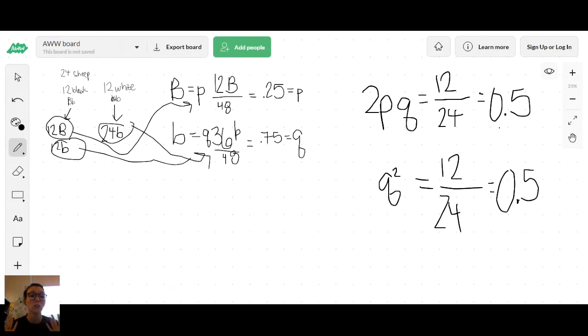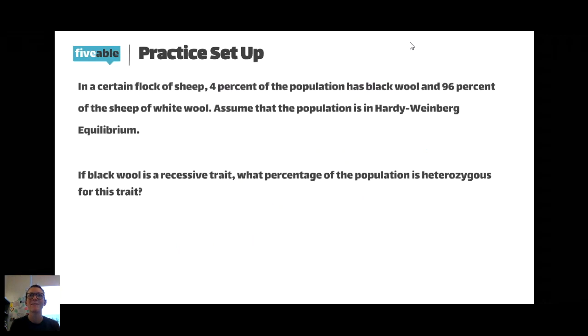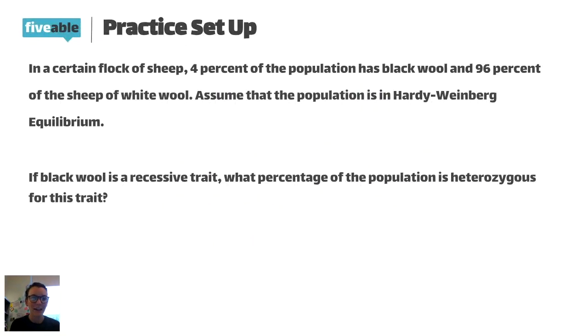Now, usually we don't know what they look like or what their genes say. Here's our problem. In a certain flock of sheep, 4% of the population has black wool, and 96% of the sheep has white wool.